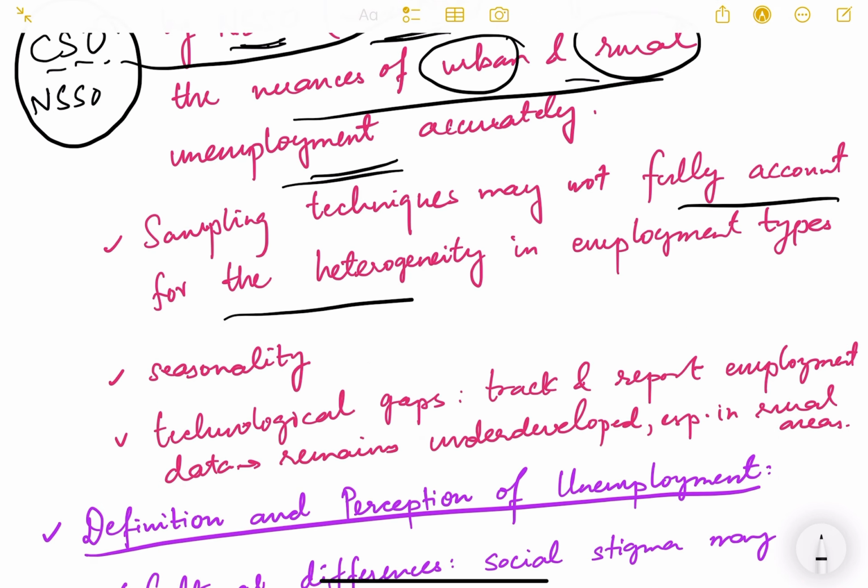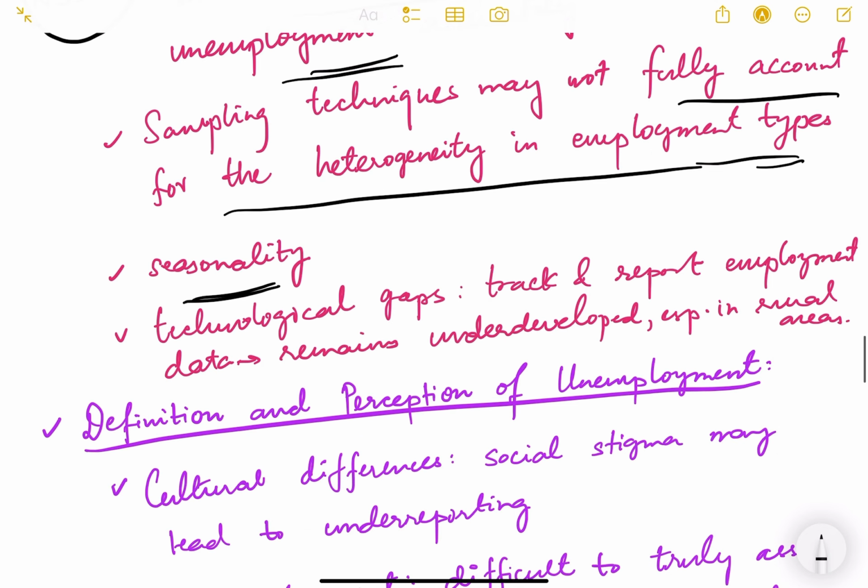Sampling techniques may not fully account for the heterogeneity in employment type. How they sample people for the survey also determines the outcome of the survey. Seasonality is also there. Maybe the survey is conducted in January, and in the previous 6 months it was a festive season, so a lot of people found employment during this season.